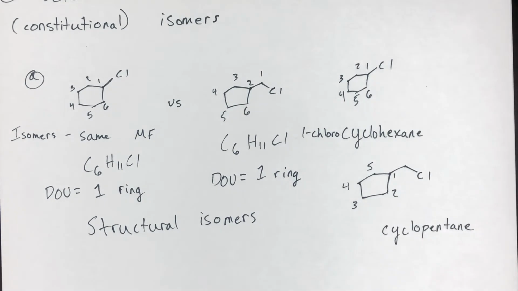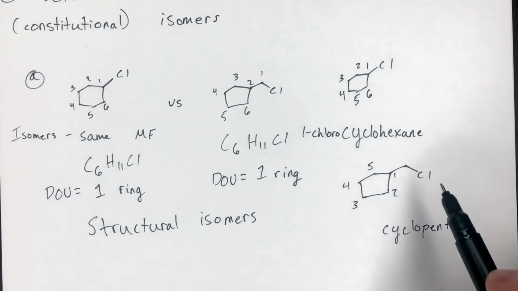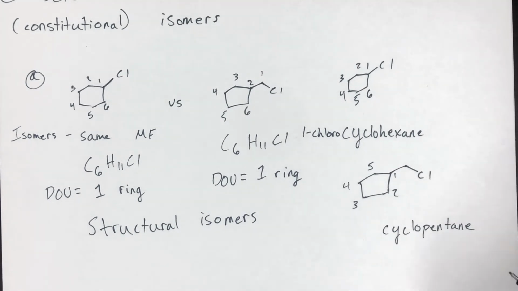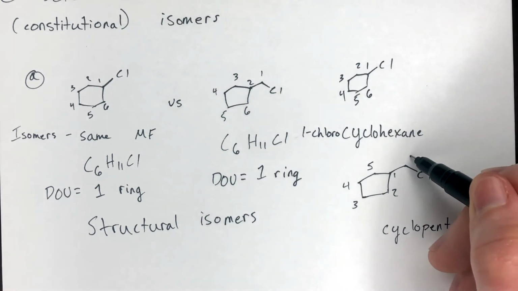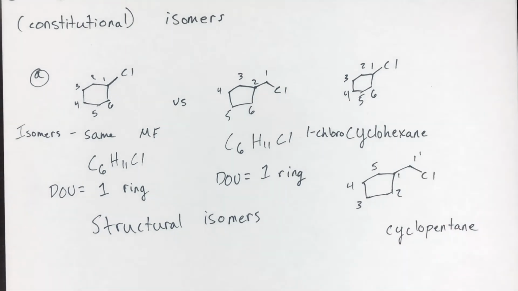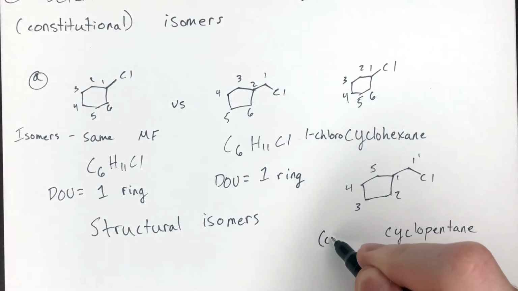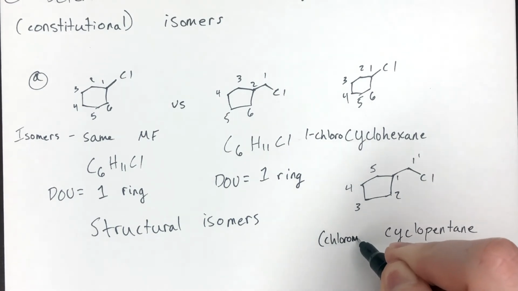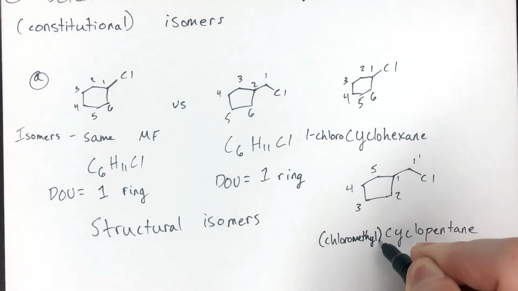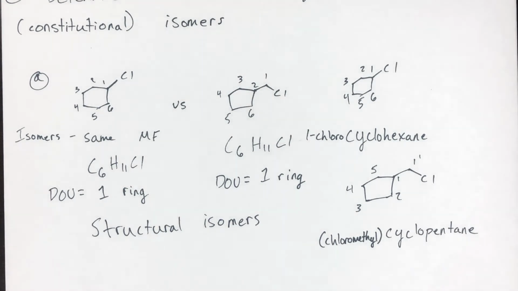And then the substituent here is a complex name because there's a substituent within the substituent, because this is just a 1-carbon branch, call it 1' to be different than the carbon number 1 in our ring. But this is a methyl group with a chlorine on it, so this entire substituent is a chloromethyl. And since it's complex naming, you put it in parentheses.